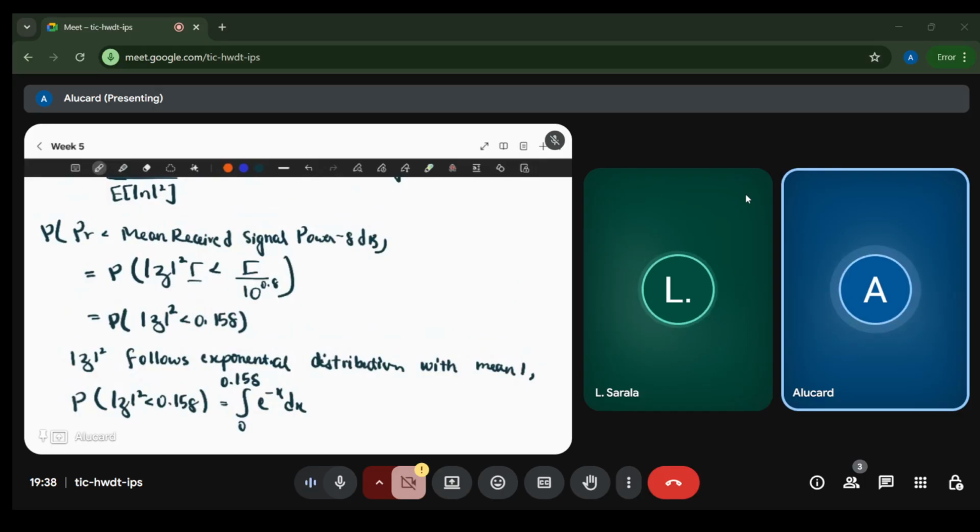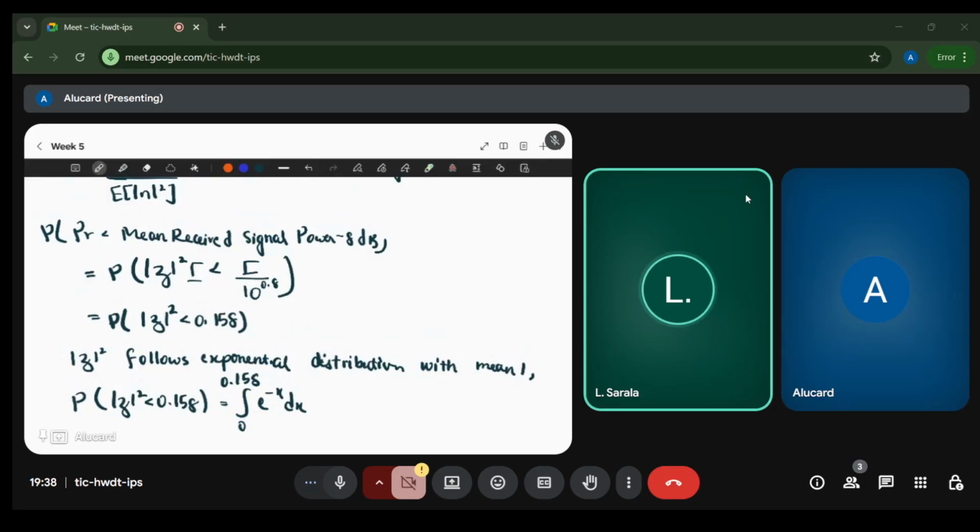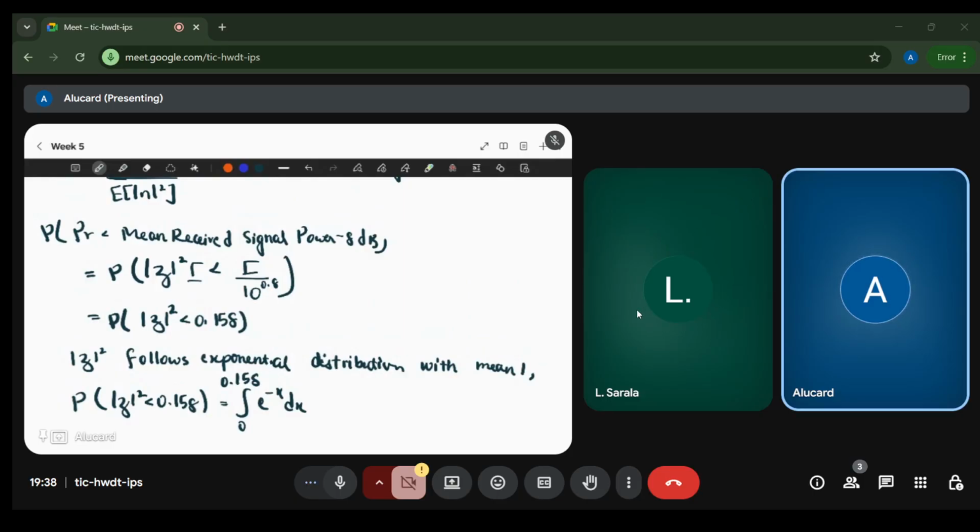I haven't done the calculation myself, but let me do it. See, the gamma will get cancelled from both sides. So this is nothing but P of mod z square less than 1 by 10 power 0.8, and that is 0.158. 1 by 10 power 0.8 is 0.158.